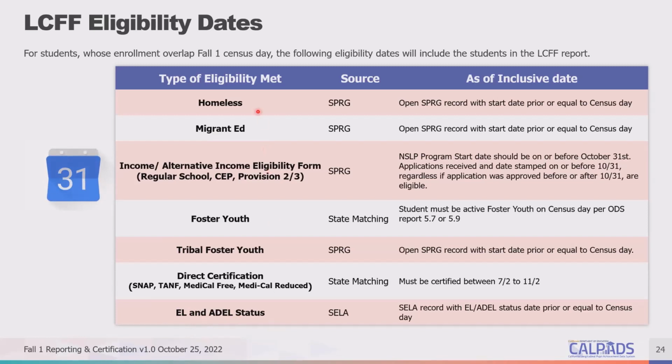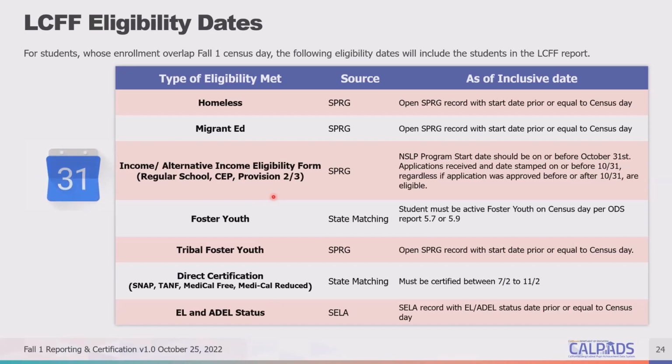Okay, so you have your homeless, migrant ed, again those income eligibility form sources, your foster youth, tribal foster youth, students who were directly certified, and then, of course, students who were identified as EL or who are ADEL in this current academic year up to census day, of course.